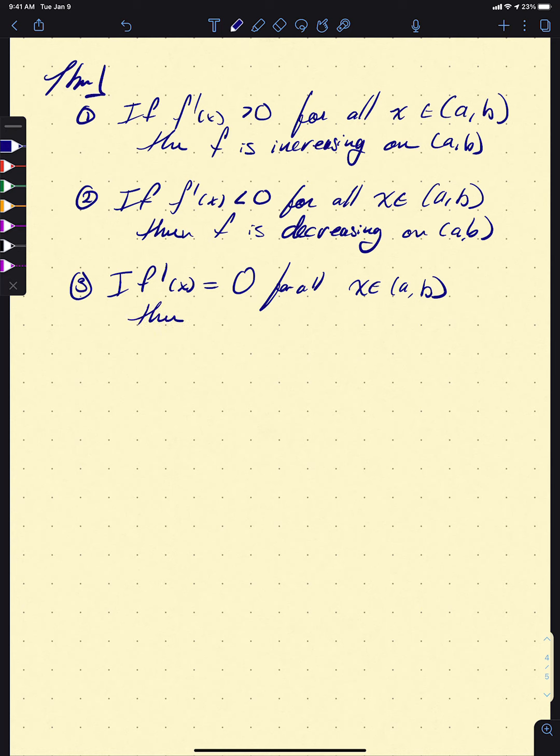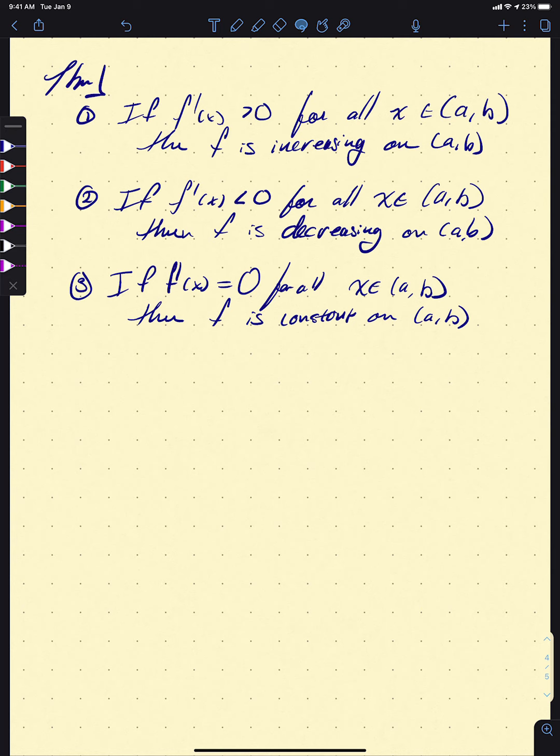Well, this part might take some thinking on your part to reason through why this is the case. But it turns out that if f prime of x is constant, and I just realized that I used the f in f prime for both the letter f and my f prime. That should be a little bit better.